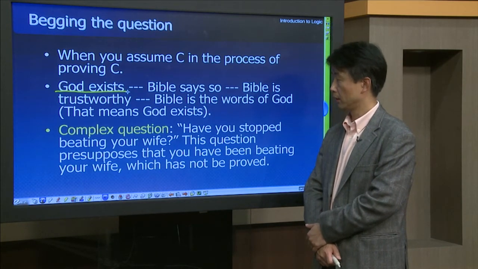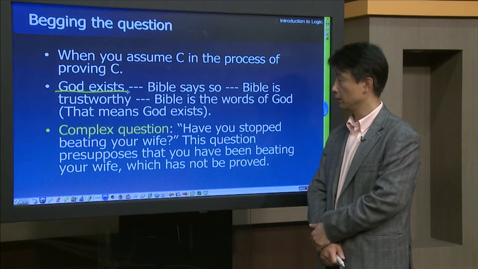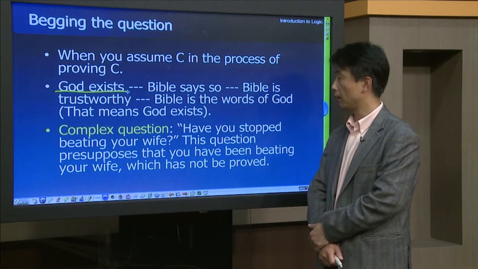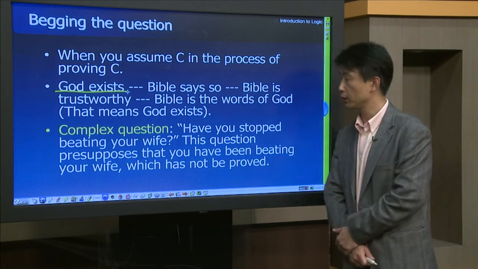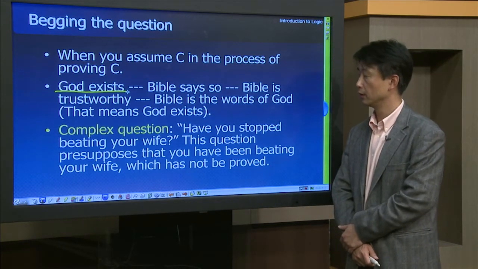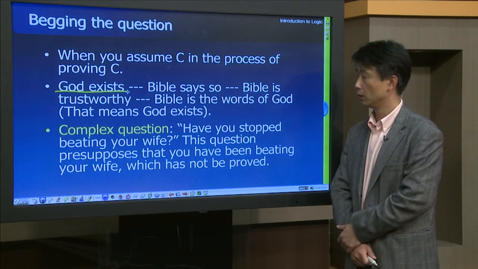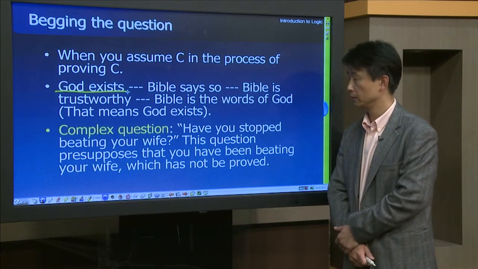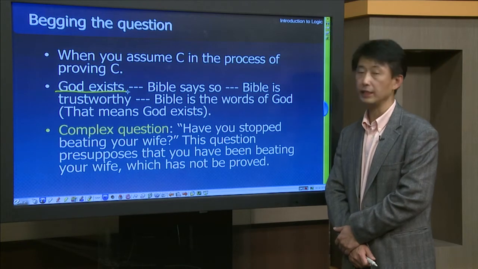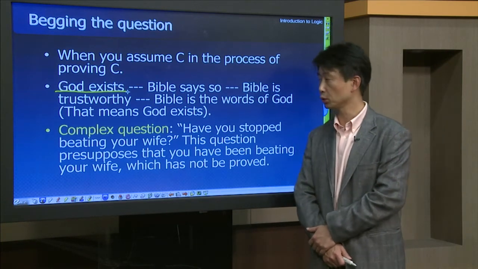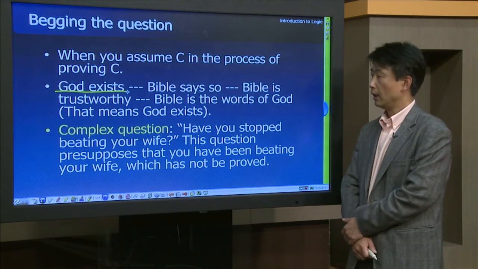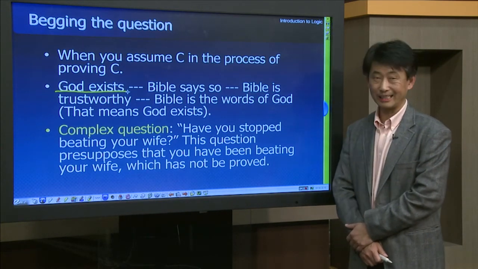And your friend asks again, why is what the Bible says true? And you say, the Bible is trustworthy. What it says is true. Your friend asks again, why is that? Why is it the case that what the Bible says is true? And you say, well, the Bible is the words of God.